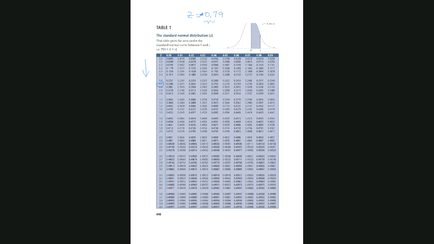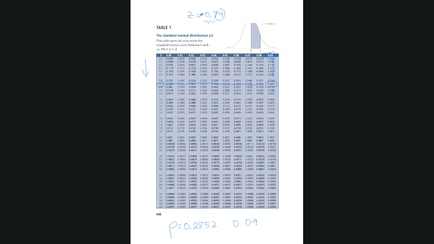And then the first 2 digits going across would be 0.0, and then 9 is the last digit, so it's the last column at the top. So 0.7 in line with that, and in line with the 0.9 is 0.2852.